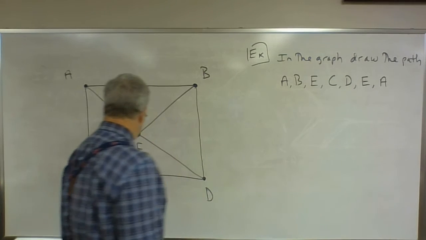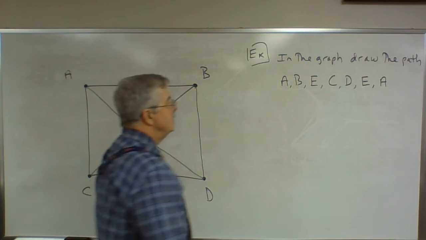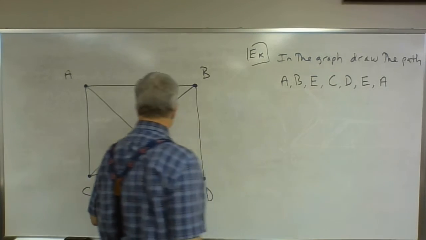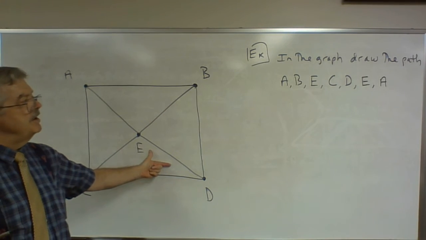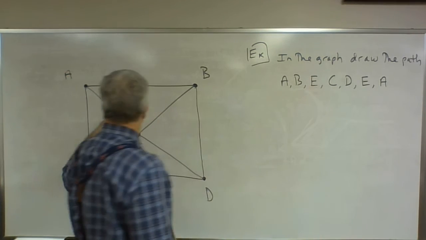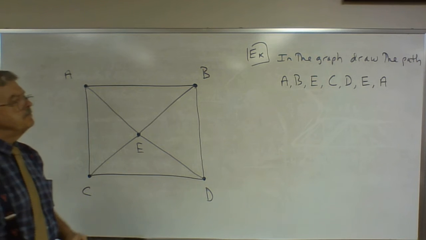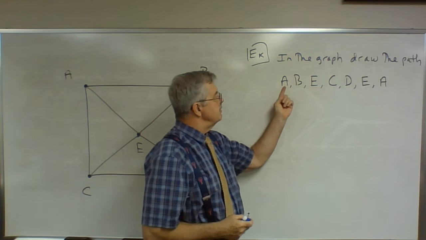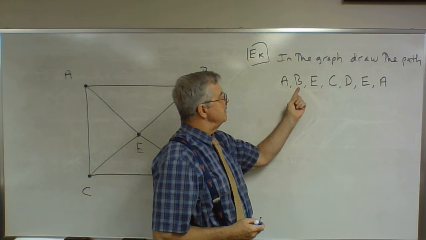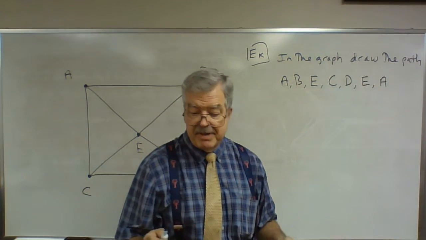C and D, yeah, they're adjacent. D and E, yeah, they're adjacent. E and A, yeah, they're adjacent. So after the first vertex, every vertex is adjacent to the vertex before it. This should be a path.